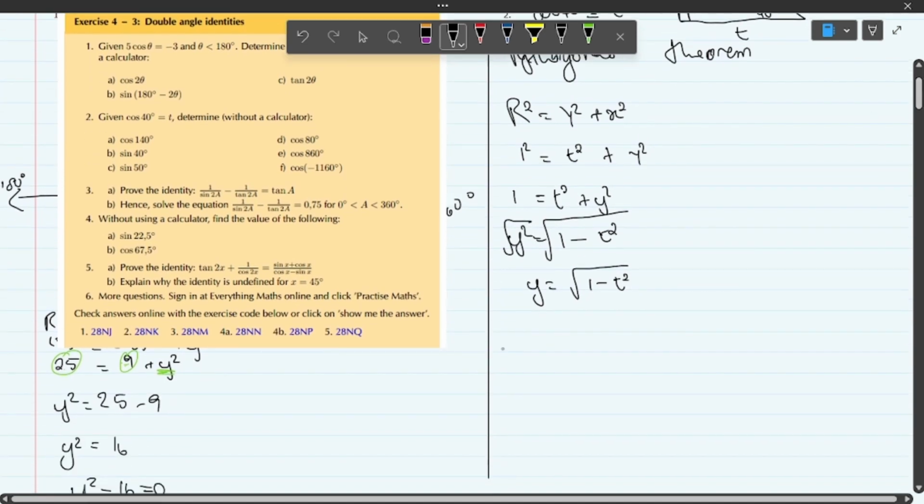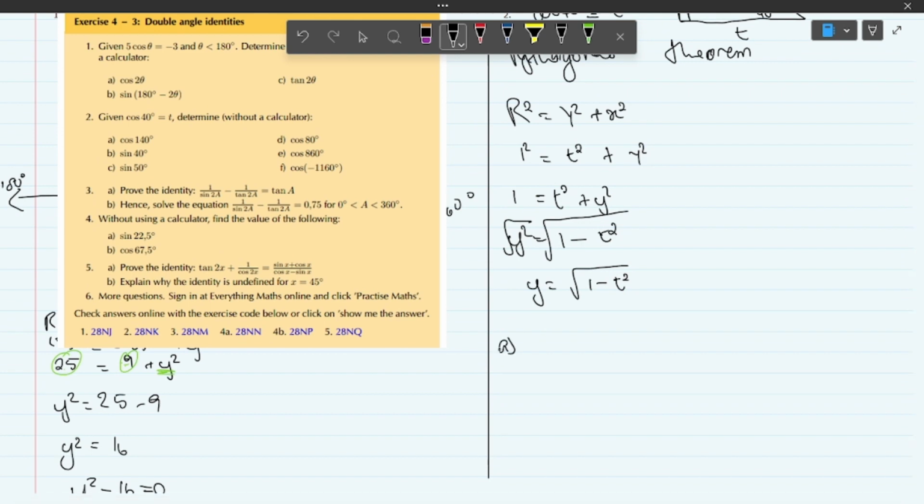The first question, a, says cos of 140 degrees. So cos of 140 degrees is going to be cos of 180 minus 40 degrees.